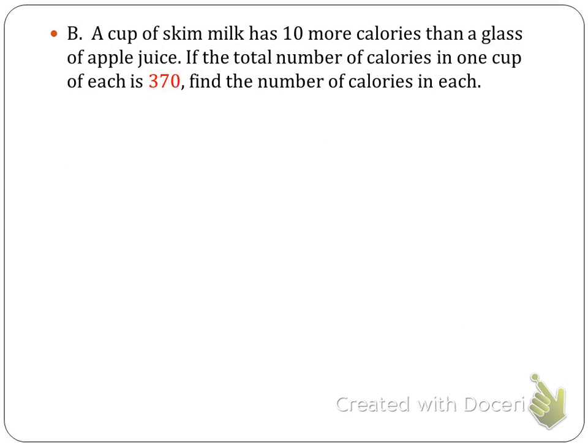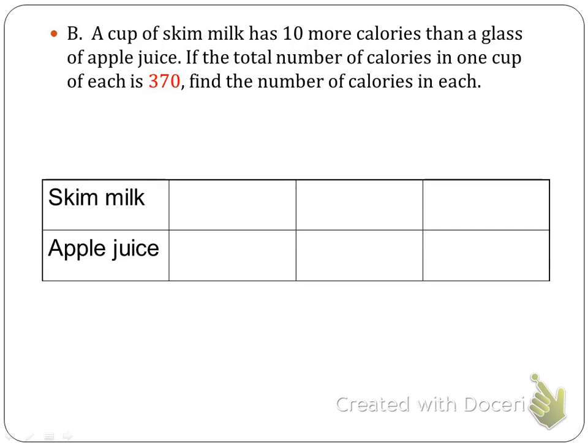The next one says a cup of skim milk has 10 more calories than a glass of orange juice. If the total number of calories in 1 cup of each is 370, find the number of calories in each. All right. So what are the 2 items I'm talking about? Skim milk and apple juice.